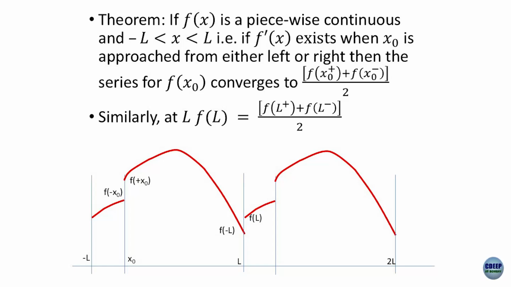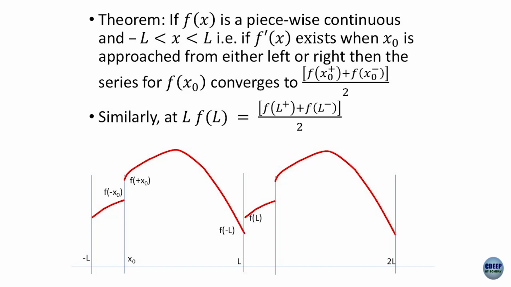Then what we said was that there is this nice theorem which says that if f(x) is a piecewise continuous function, and piecewise continuity is defined as: there is a discontinuity, could be more discontinuities, but your gradient should exist when you come from either the left or from the right, and everywhere else the function is continuous.